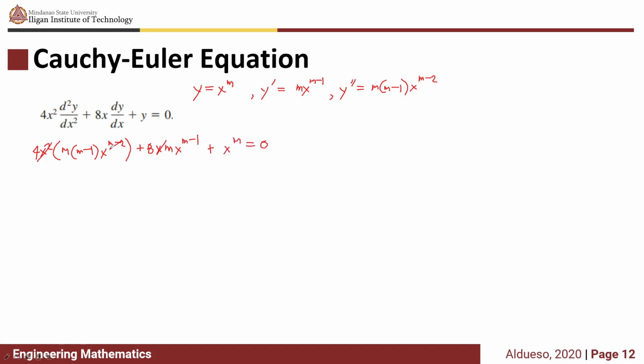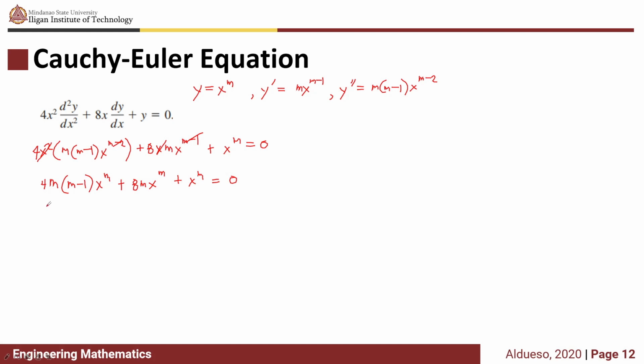We have 4m times m minus 1 x to the m, plus 8m x to the m, plus x to the m equal to 0.